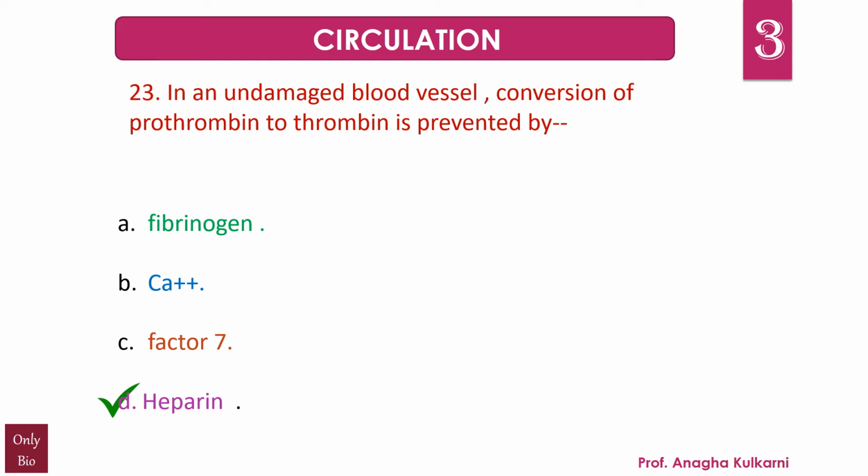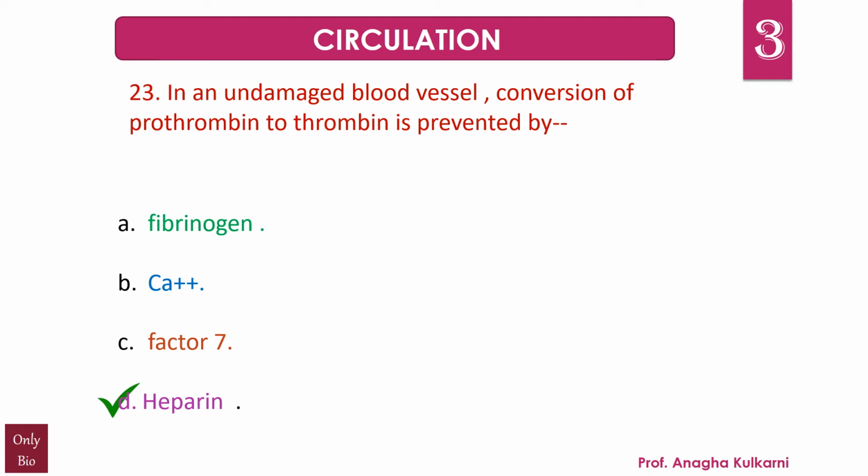Heparin. Friends, the lining of the undamaged blood vessels is definitely smooth, and this won't promote the platelets or the cells of the blood vessel itself to rupture. A substance, heparin, is present in low concentration in the blood, and this does not allow the blood to clot when it is flowing within the blood vessels.